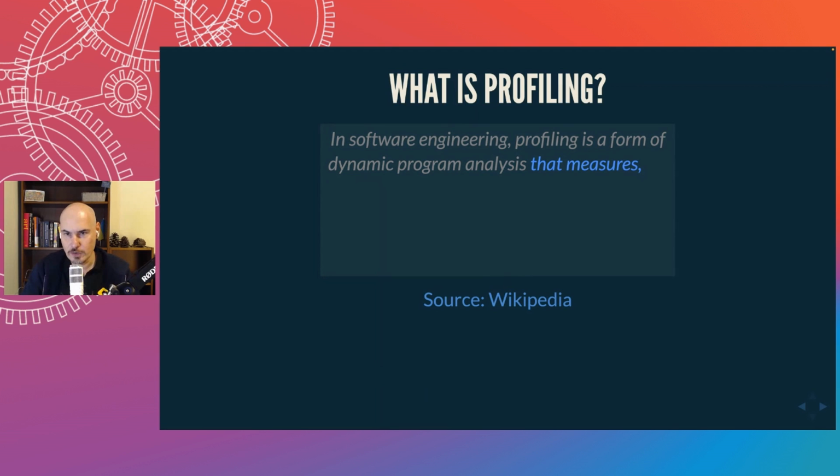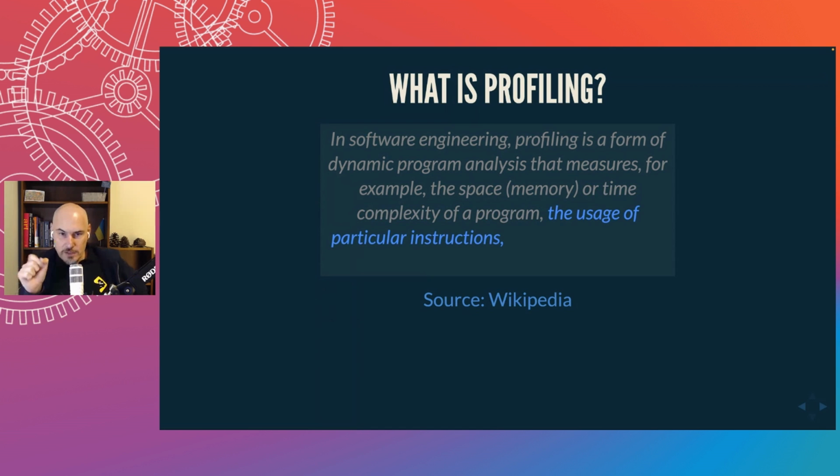So what are we going to measure? For example, space or memory usage, how much memory is used by our program. Then time complexity of a program, so how much time does it take to run that program? The usage of particular instructions, this is also important, how many times we read this and that.